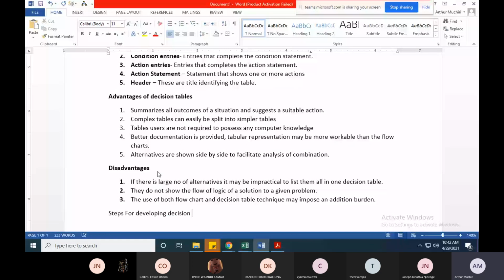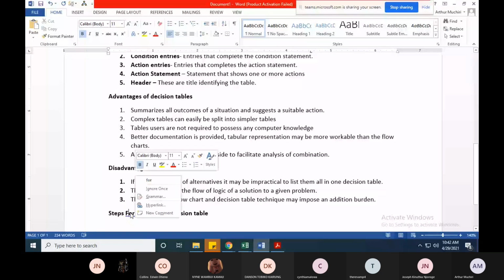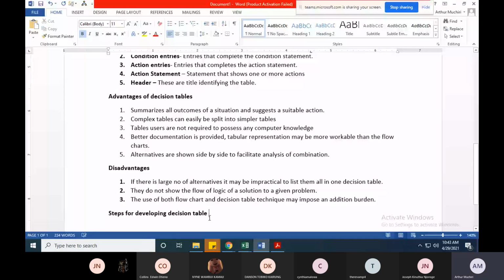Steps for developing a decision table. Yeah, so there it is.